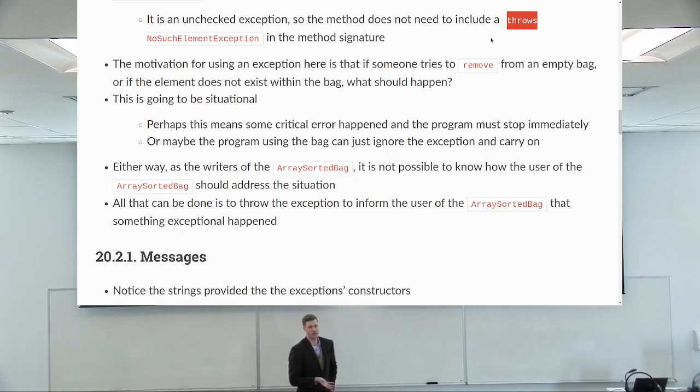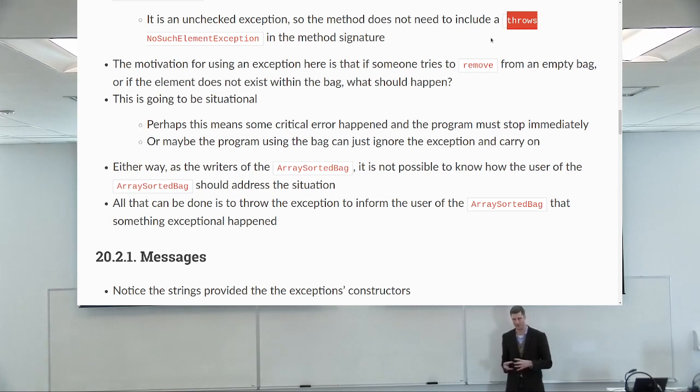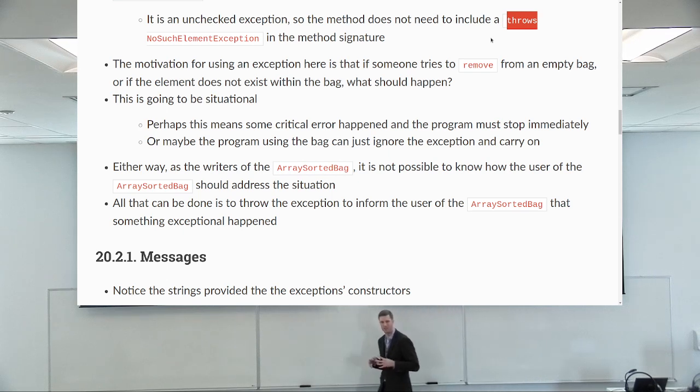It's situational, but this is the whole motivation of exceptions: something funny happened, and I don't really know what you want to do about it. If you called my method and something funny happened, what do I want the code to do? I don't know. But I can throw that exception, give it back to you, and you can check the type of exception and deal with that situation accordingly.